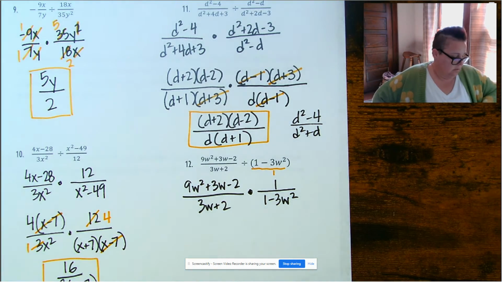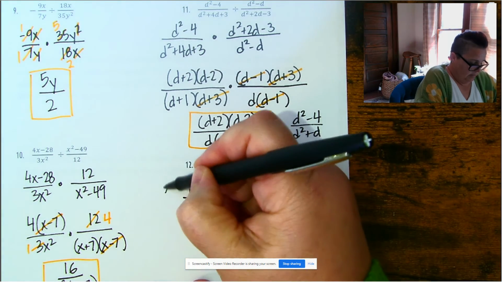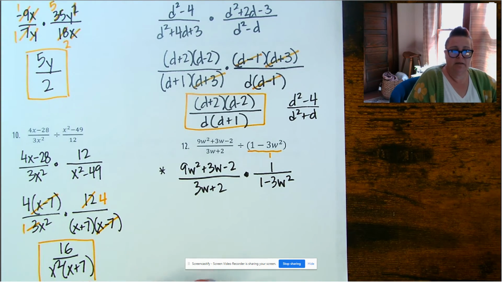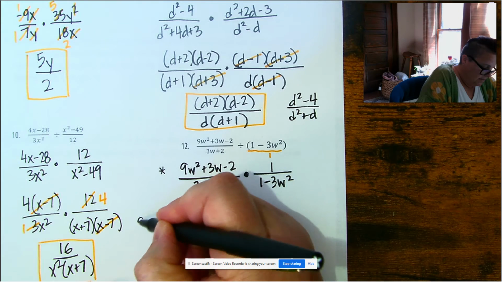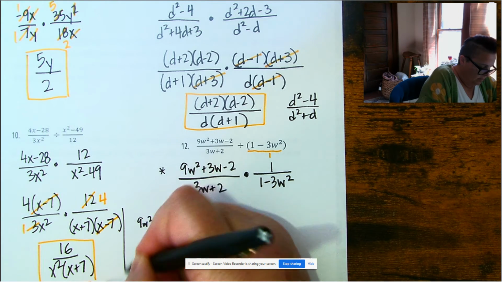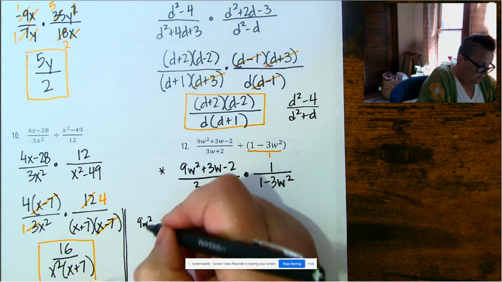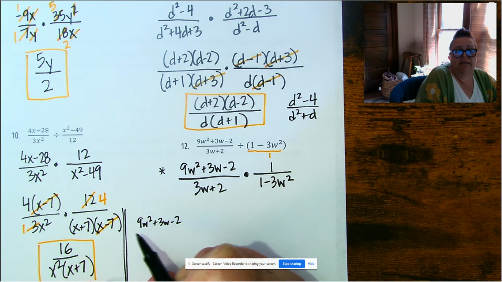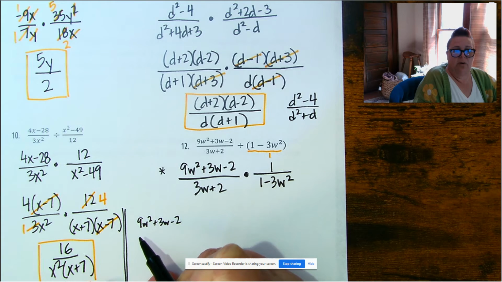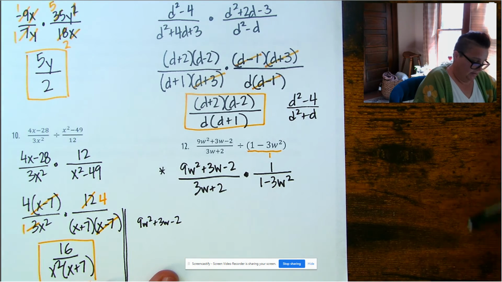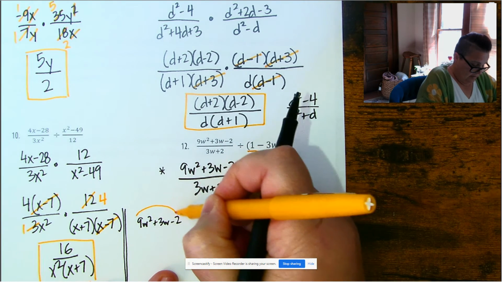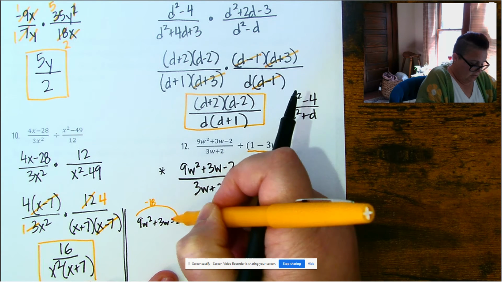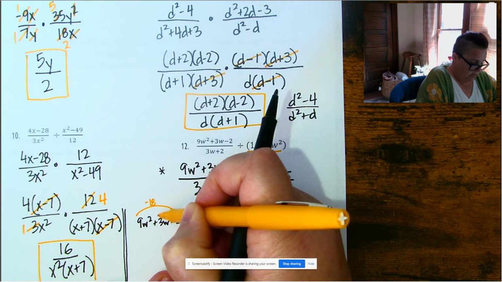Now, this guy, I'm going to have to go off a little bit. So I'm going to need to take my 9w squared plus 3w minus 2 and make myself a little room. This is not leading with a 1. So I'm going to do factoring by grouping on this guy. What are the factors of a negative 18 that add to be 3?